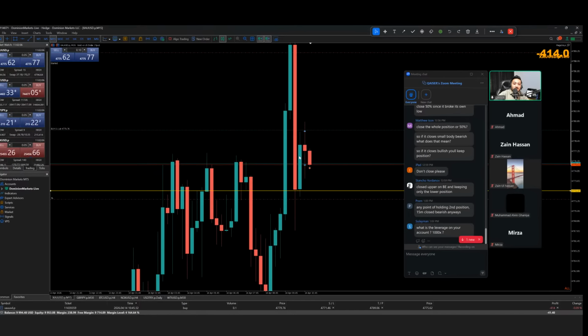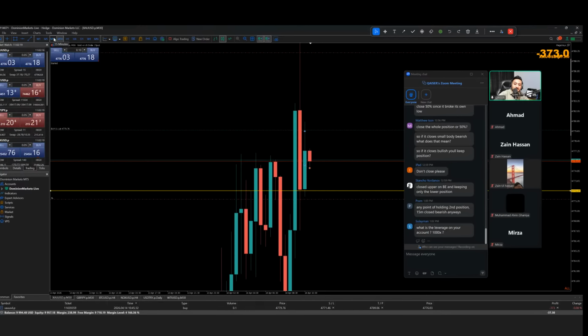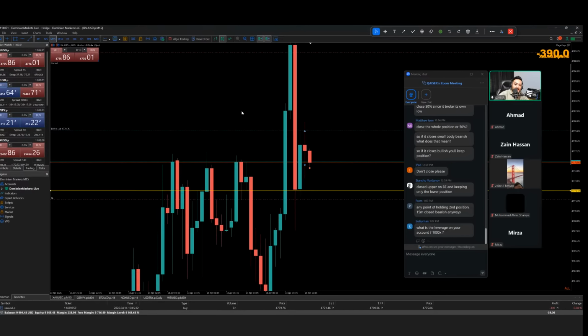So this is how I manage my trade, by closing one position there. That makes sense. I'm still holding my buys, still holding my plan, but I need to make some adjustments in my plan now because it should not react like that.